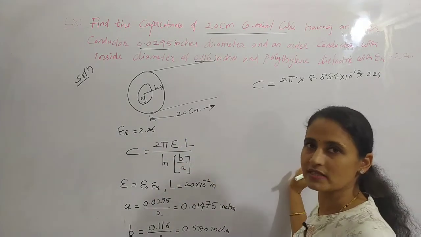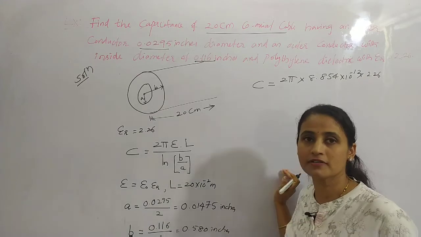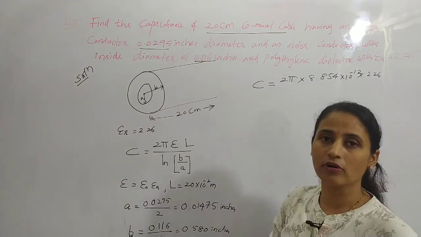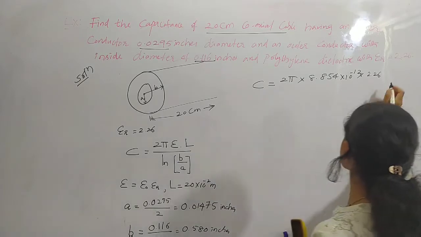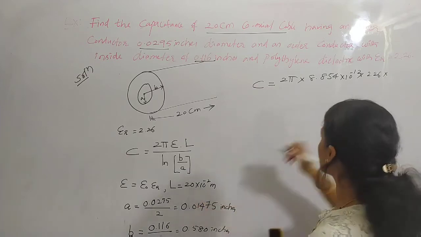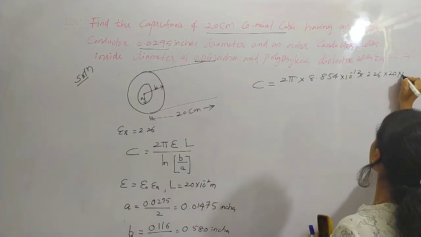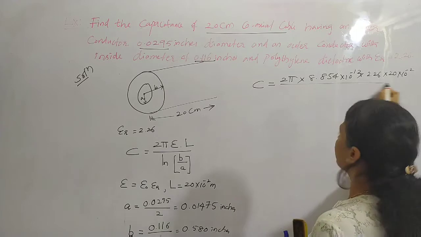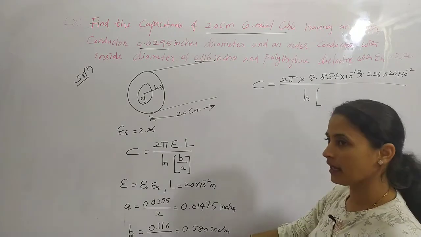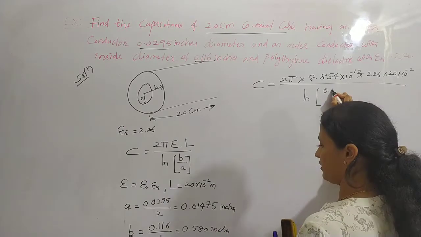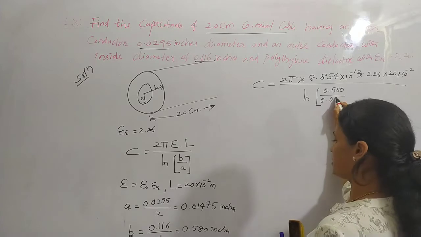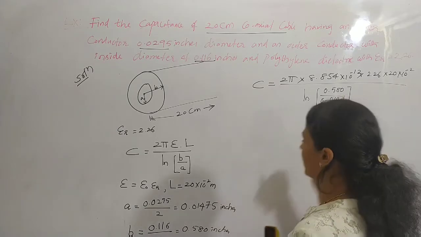This 2.26 is the dielectric constant of the polythene medium placed in between the two conductors, into L. L value is 20 centimeters, 20 into 10 power minus 2, by log of B by A. B is 0.058 and A is 0.01475.